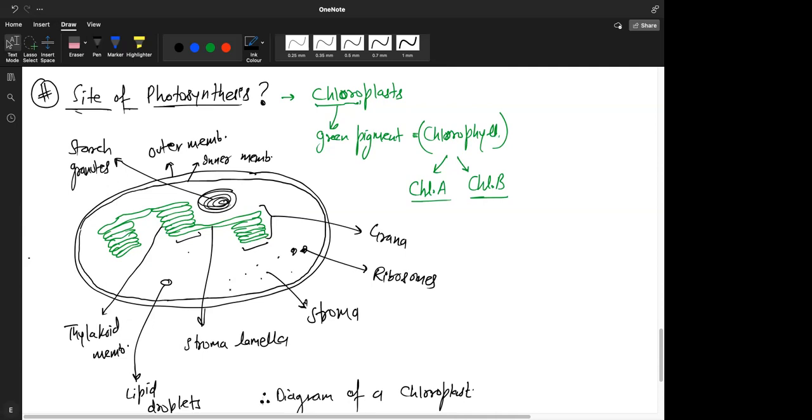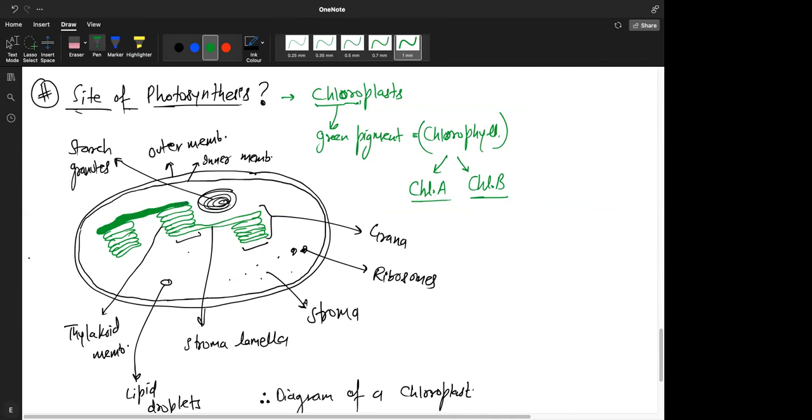It is happening in this grana and stroma lamellae here, inside this. And the membrane that's covering this is known as thylakoid membrane.